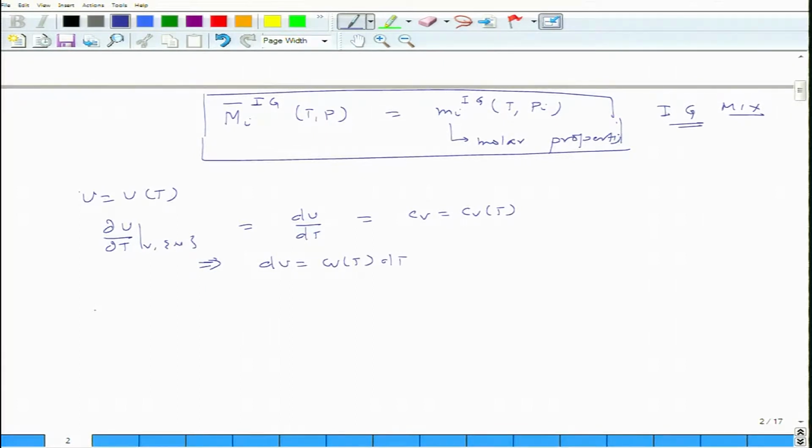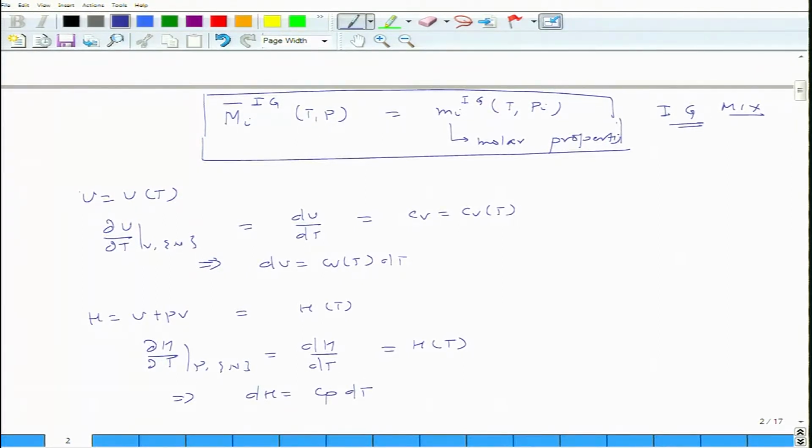Similarly, H is equal to U plus PV, and PV is nothing but Nt RT, which is also a function of temperature. So, del H by del T at P for all n can be written also in a similar form, which means this is Cp.